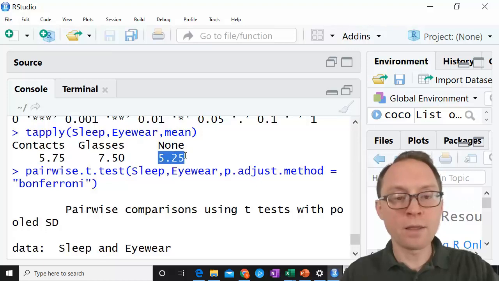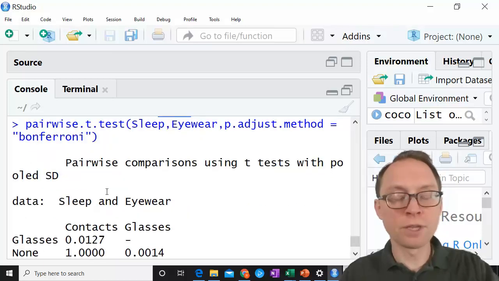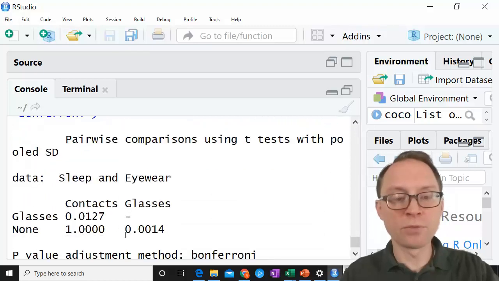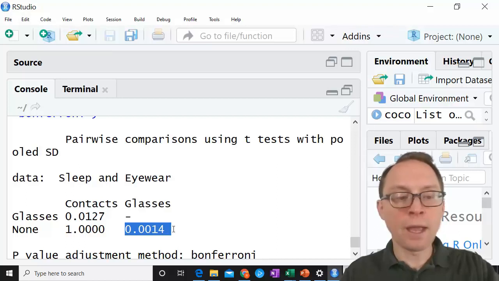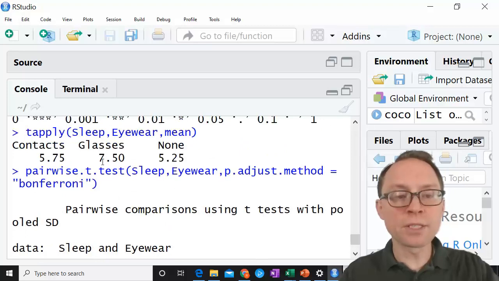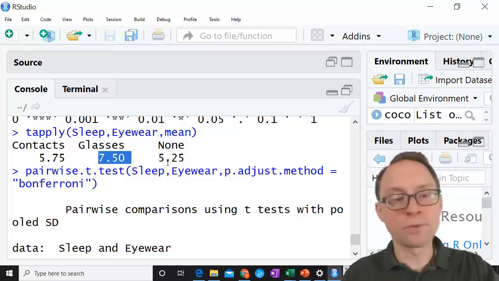Contacts and none, look, no significant difference. 5.75 is not at all different than 5.25. Glasses and none are significantly different. So what this is saying is people who wear glasses sleep significantly more than people who wear contacts or people who wear none. But people who wear contacts and people who wear none are not different at all from each other.